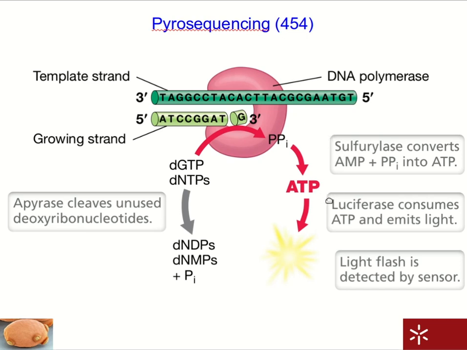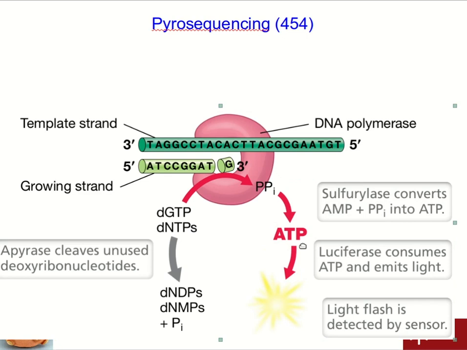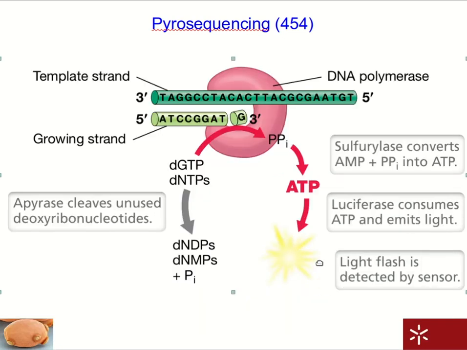This ATP is then used together with a luciferase to emit a flash of light, which can be detected by the sensor of the machine. If the dNTP is not incorporated, it will be cleaved off into a monophosphate and dNDPs, which are not substrates for this reaction. So in this case, no flash of light will be emitted.